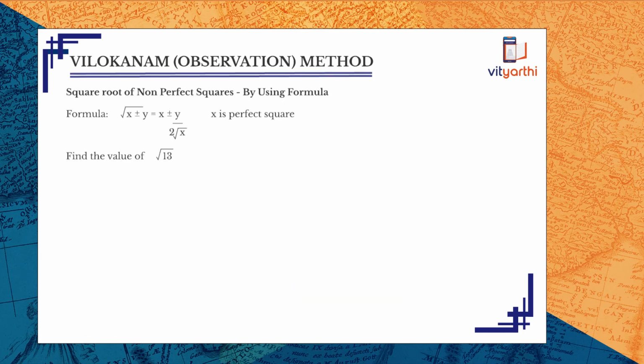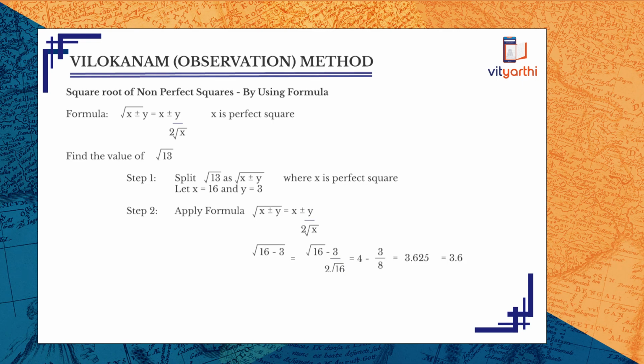Similarly, root 13. Now we apply the formula. Here x equals 16, y equals 3. So, root 16 minus 3 upon 2 root 16. After simplification, we get 3.6, and 3.6 is the approximate value of root 13.